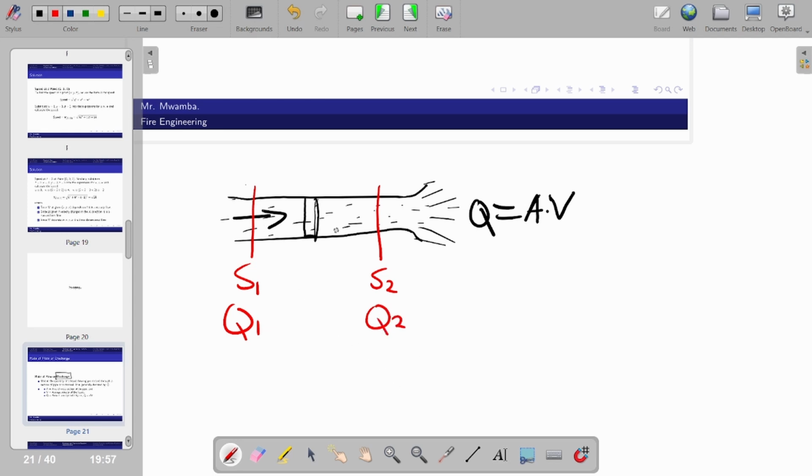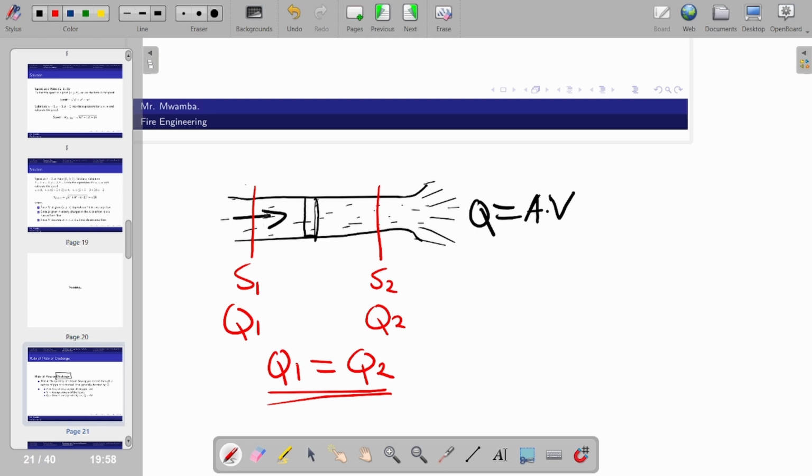Suppose the area here and the area here are the same, so the amount of water passing through at Q1 is equal to the amount of water passing through at Q2. This is known as the continuity equation.